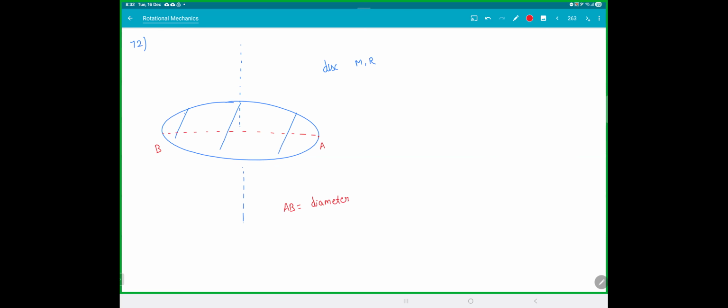So we have a person here of mass small m standing at A. Okay, and then what he does, he starts walking on the circumference, right, and reaches point B.